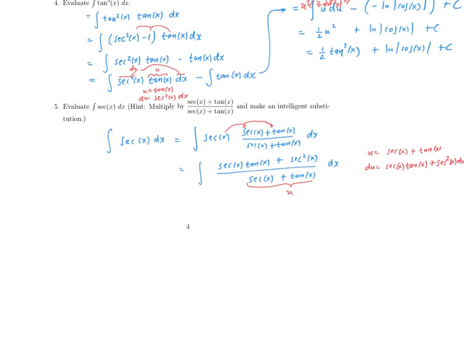So our integral immediately becomes 1 over u, and that's something we can evaluate. The antiderivative of 1 over u is natural log absolute value of u plus c. And then we simply resubstitute.